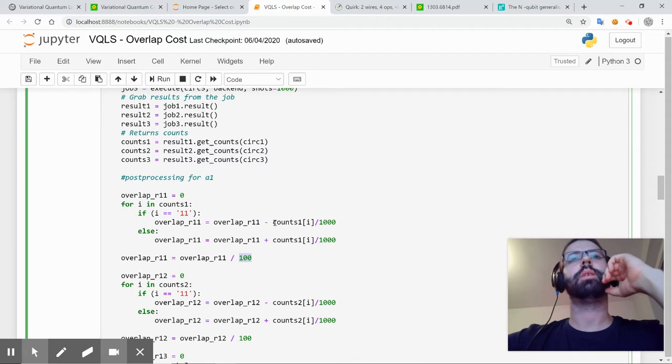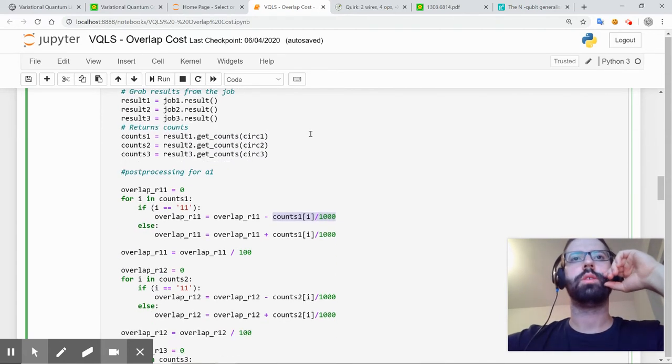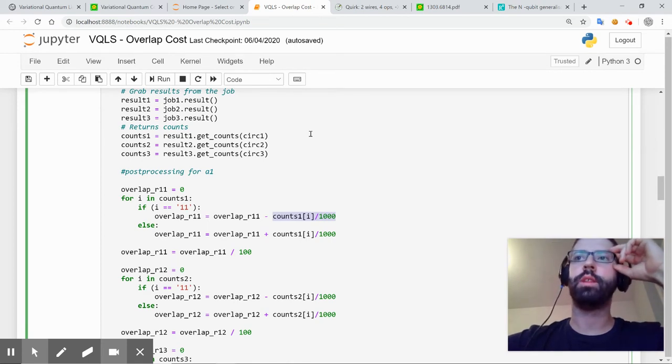Okay, the counts, I'm getting the counts divided by 1,000 because it's 1,000 shots. So I'm getting the percentage. So it's just like, if it's 500, it's 0.5.